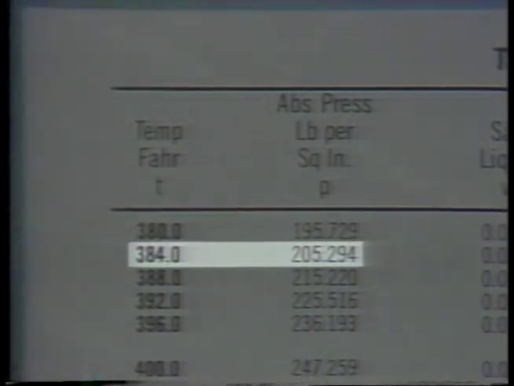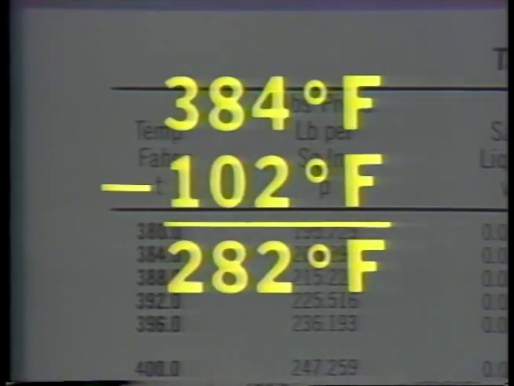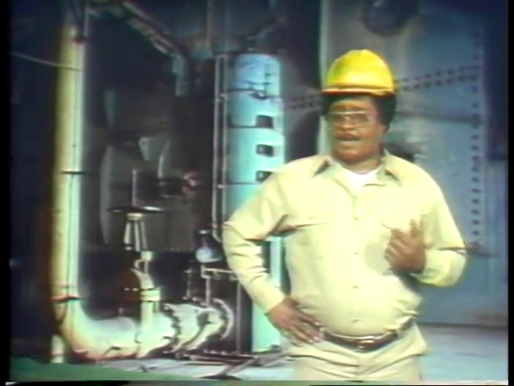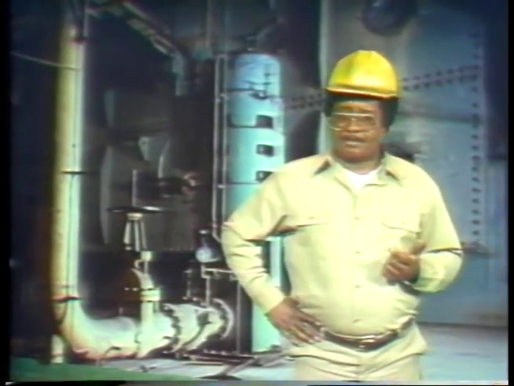Looking over at the temperature column, we see that the saturation temperature is 384 degrees Fahrenheit. If we subtract our existing conditions, 102 degrees, from the saturation temperature at 205 psia, 384 degrees, we'll have the approximate amount of subcooling. The difference is 282 degrees. This means that the water at the discharge of the condensate pump is about 282 degrees below its boiling point. So there's approximately 282 degrees of subcooling at the discharge of this pump.